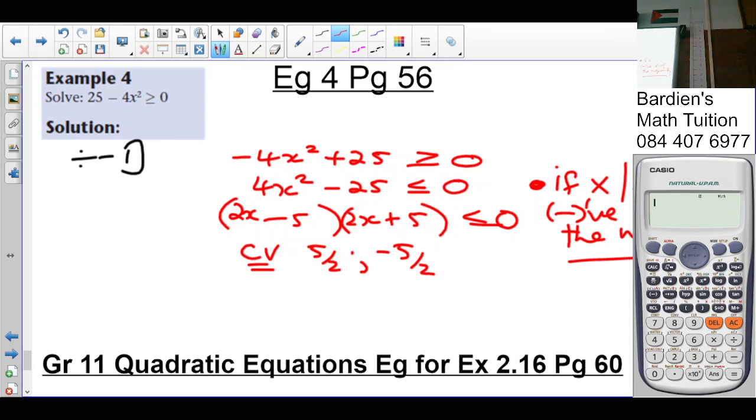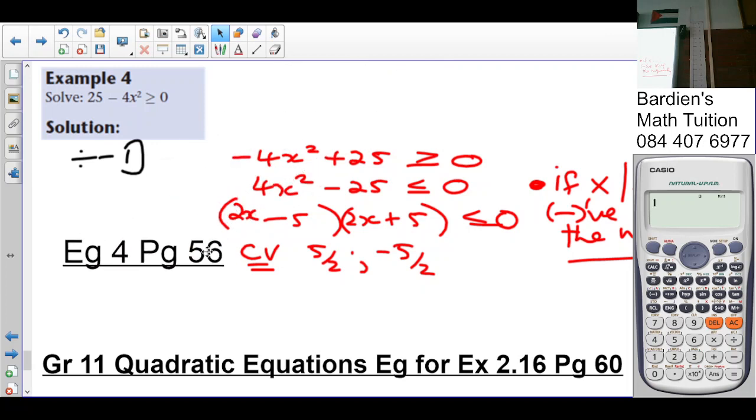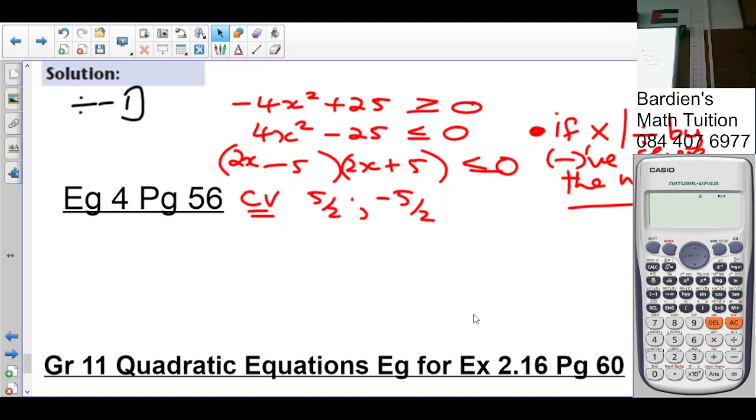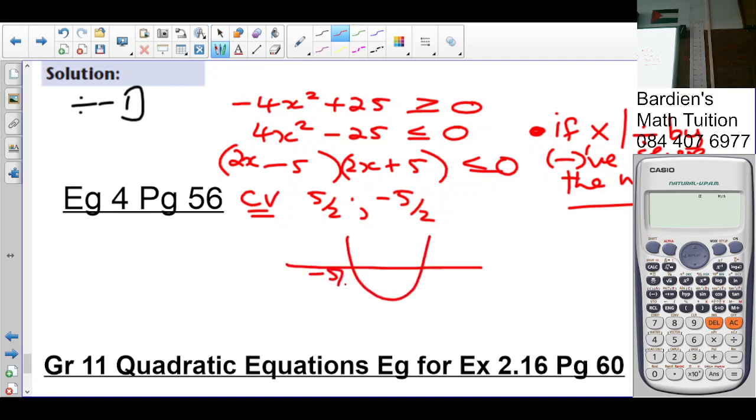So what do I do now? Do I graph? Not so? So what goes on the line? Negative 5 over 2 and 5 over 2. Why did I draw this as a smiling face? Because this was positive. Can you see that?